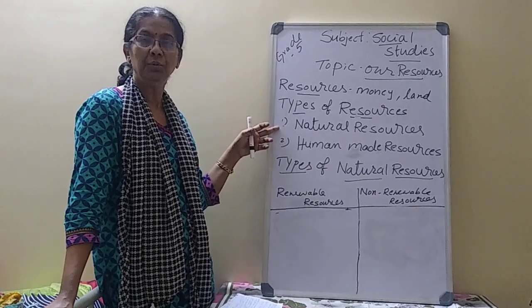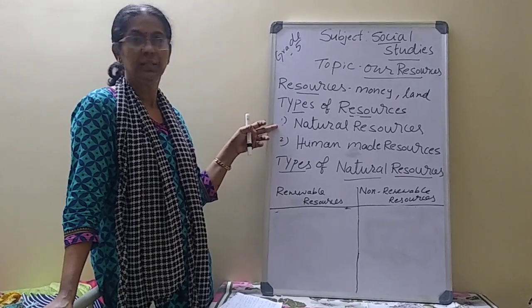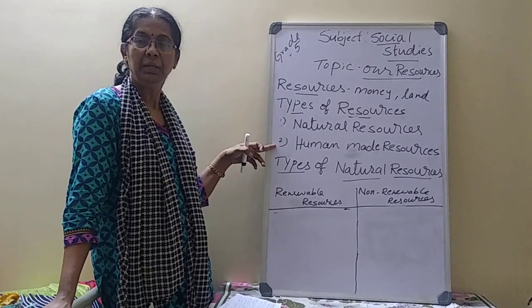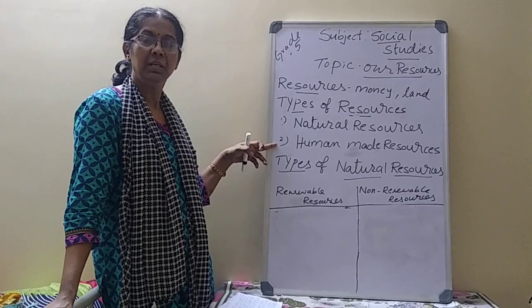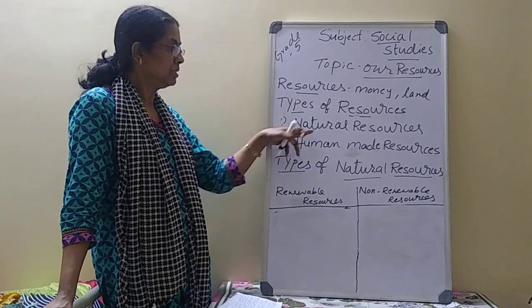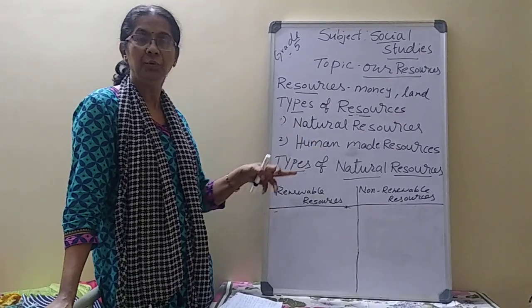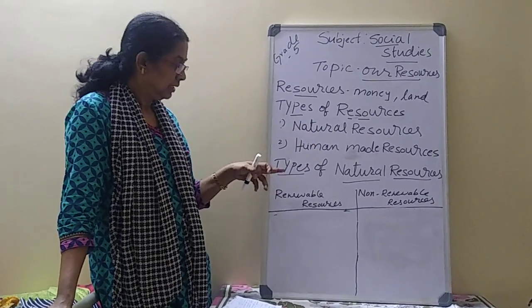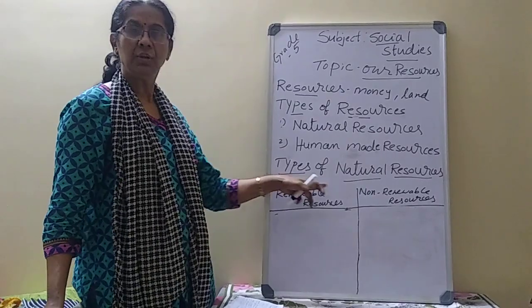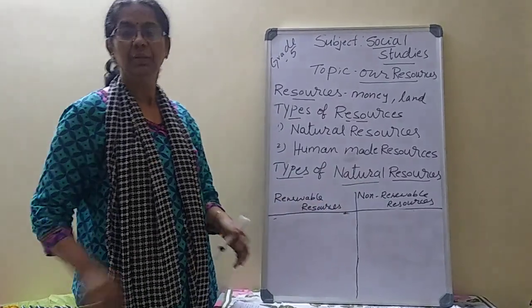These gifts are known as natural resources. The other one is man-made or human-made resources. Here the man uses natural resources for his comfort. Example, roads and houses.